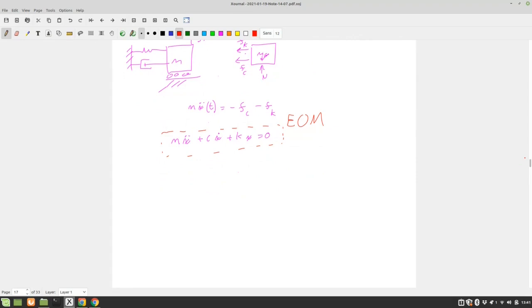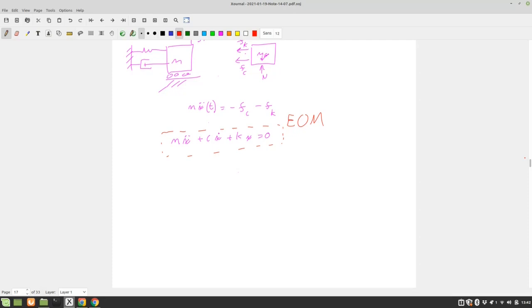A solution. A solution in what domain? What would that solution look like? What would that equation look like? What's on the left-hand side of that equation? Try again. So we want to plot it. Like if you want to plot this in MATLAB, displacement, right? So that's how we've been doing it.